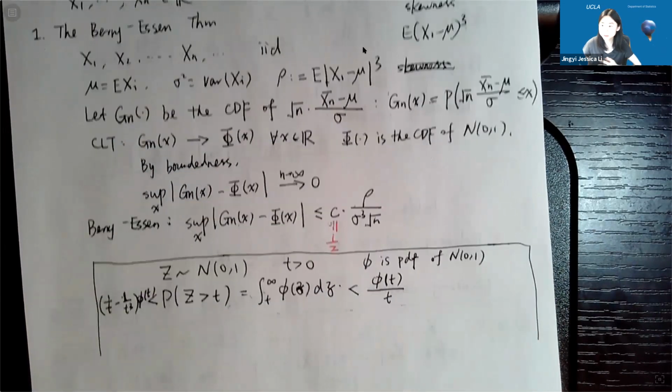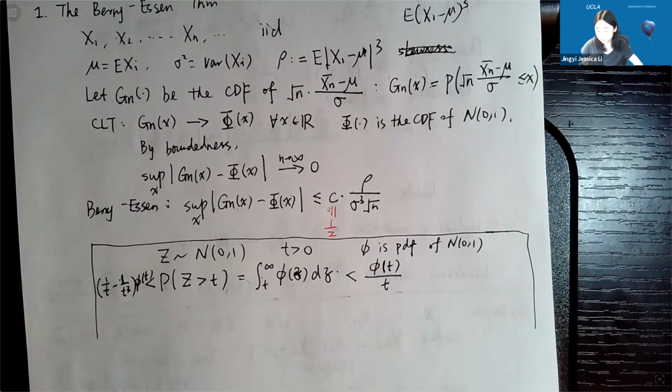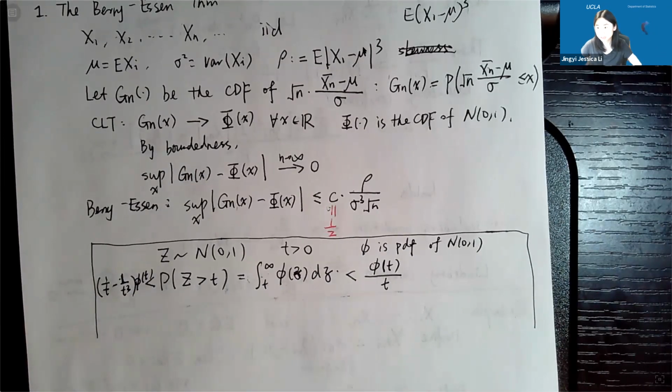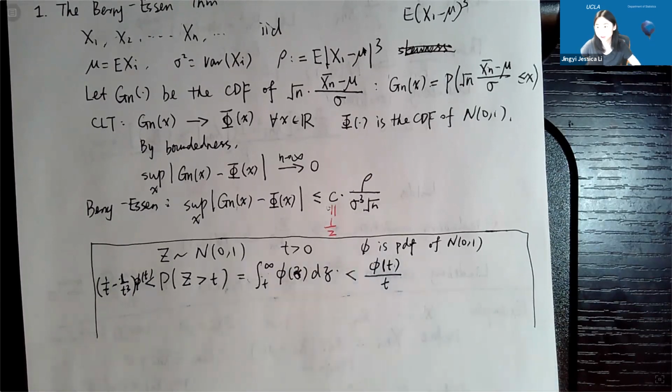So you see, you're basically bounded using some closed form formula, because the bounds come from the PDF, and the PDF we know its formula, right? It's 1 over root 2 pi times exponential of negative t squared over 2. So this is very convenient to use if you want to do it.